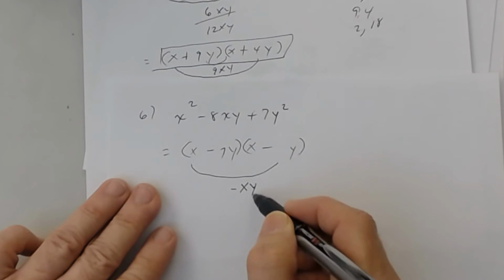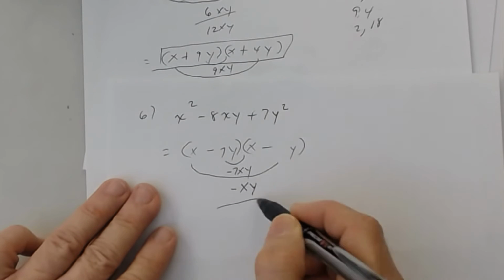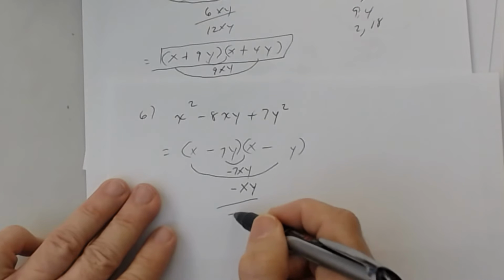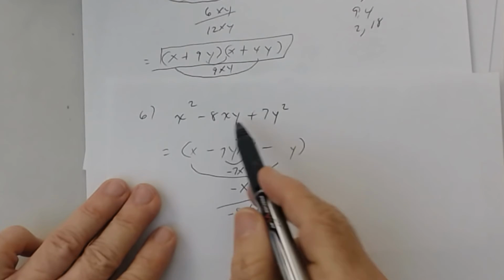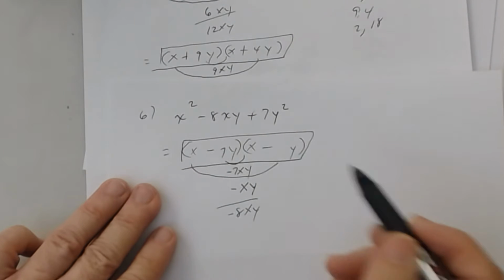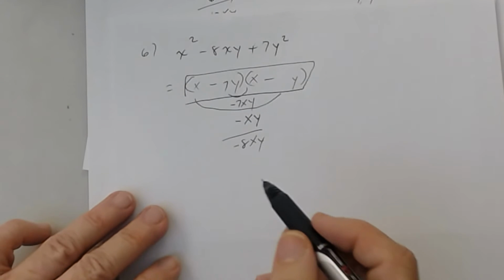Negative xy. What's the inner? Negative 7xy. And what's a negative 7xy and a negative xy? Negative 8xy, which is what you wanted. Okay? Any questions? All right, let's try this one.